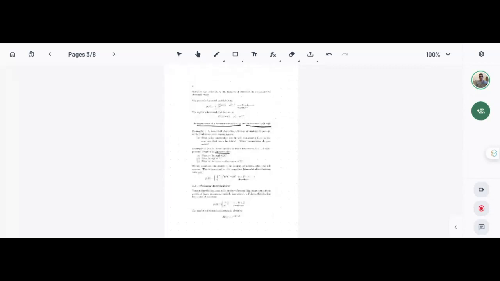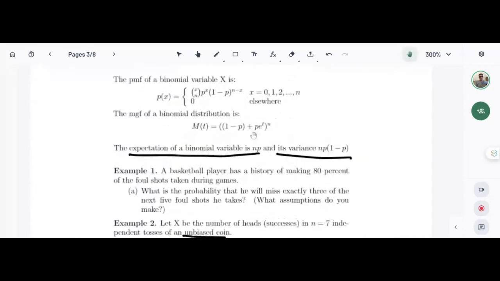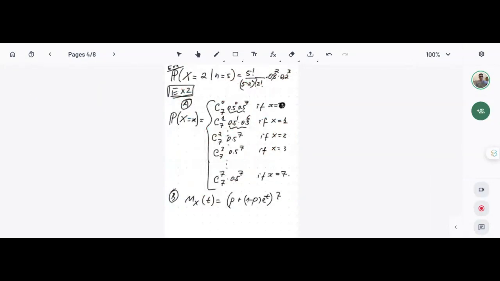Let me check it. Yeah, actually it is the opposite: 1 minus p is alone, it should be vice versa. So this is going to be your moment generating function.